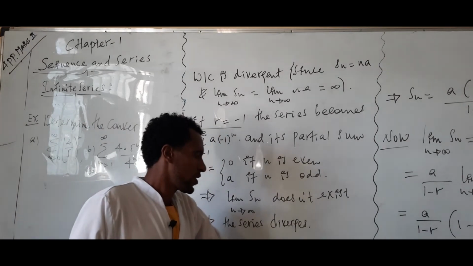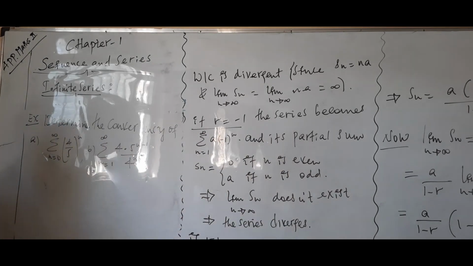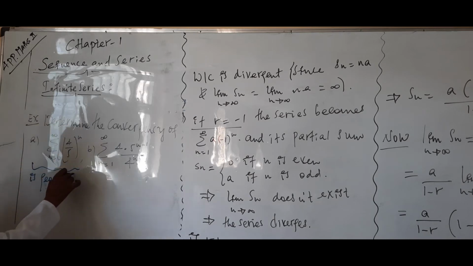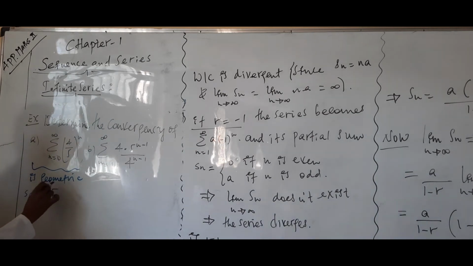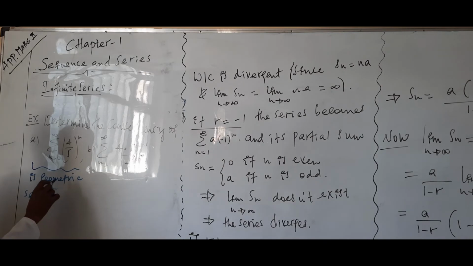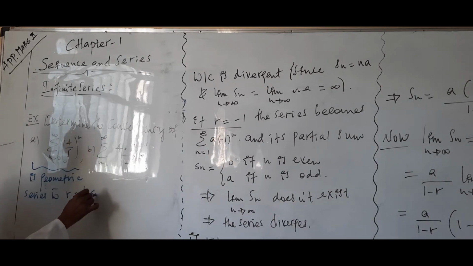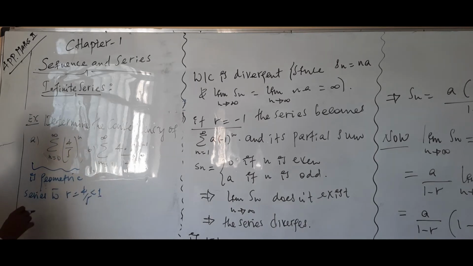So this series is what? Geometric series with r equal to 4 over 5, that is less than 1.